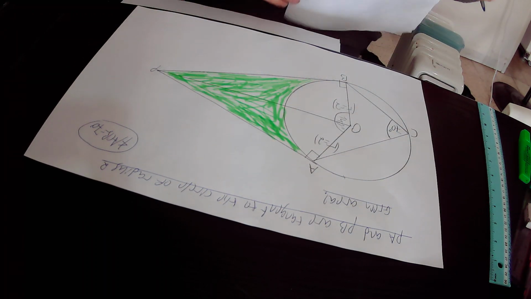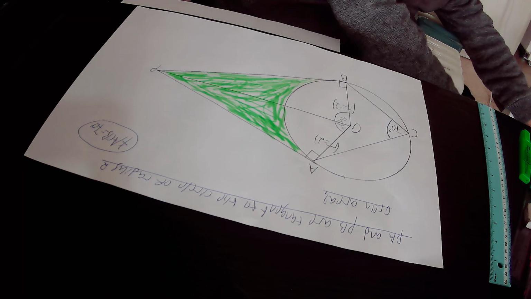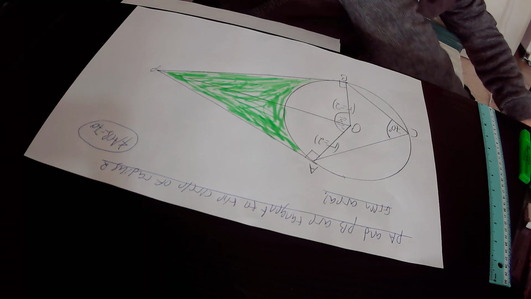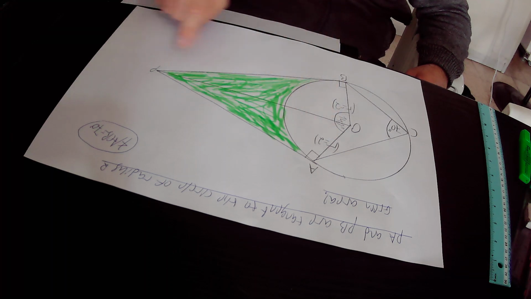So in our drawing, we have also the common external point, point P. From the common external point, point P, we have two tangents to this circle, tangent PA and tangent PB. And according to rule 2, they are equal to each other.